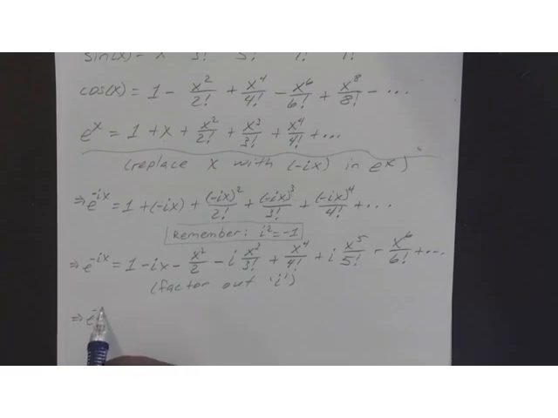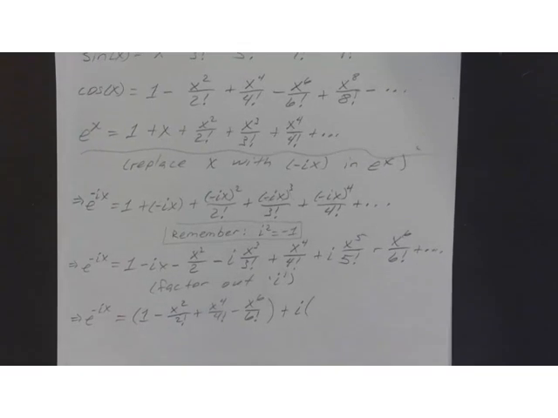So e to the power of i times x is equal to, so if we get all the terms without an i next to it, we have 1 minus x squared over 2 plus x to the fourth over 4 minus x to the sixth over 6 factorials. Plus, now all the ones with an i, we're going to factor the i over here.